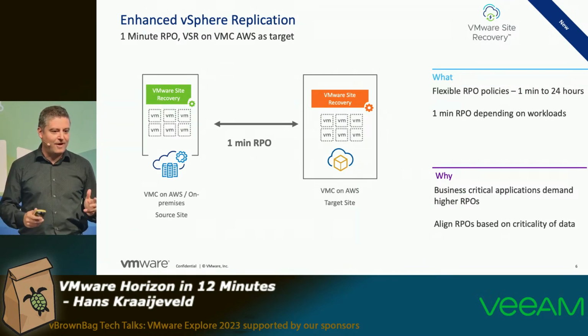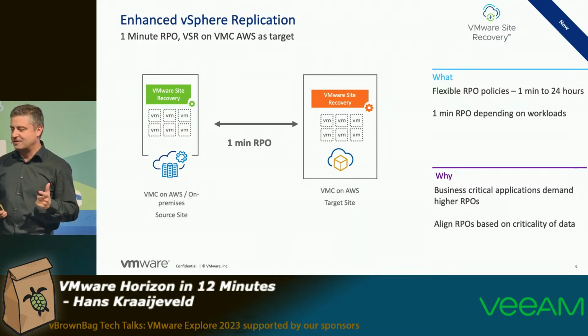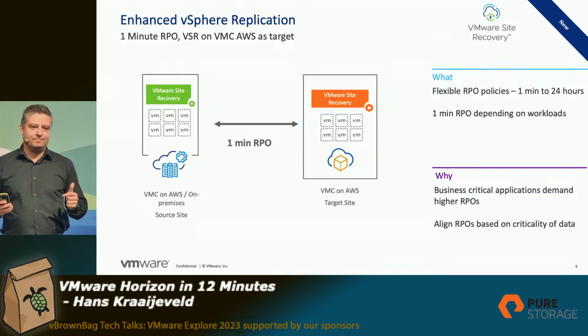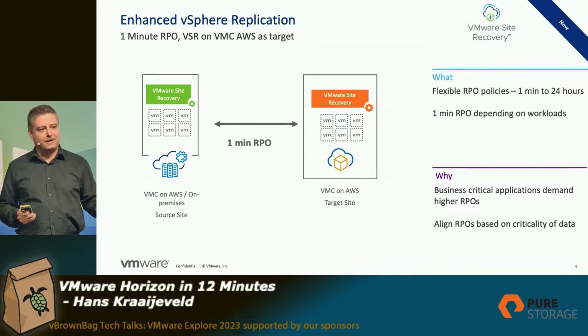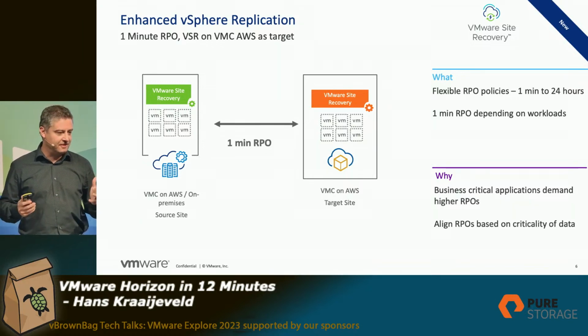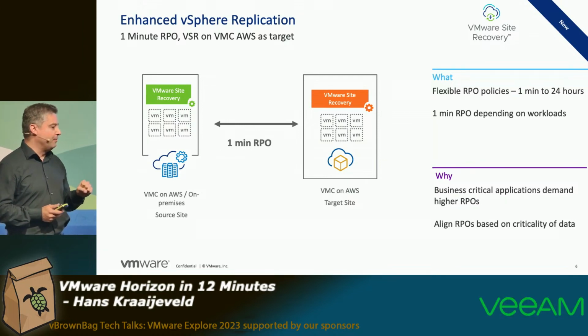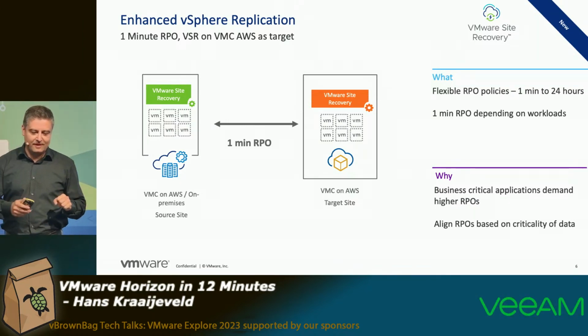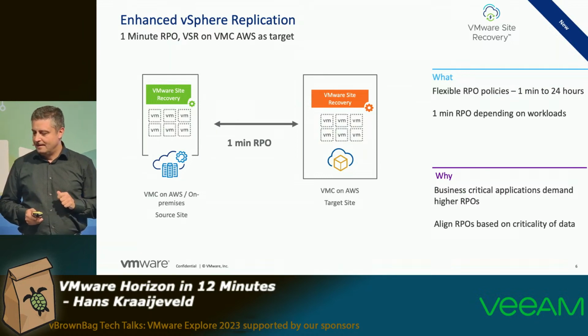Below 5 minutes was not possible because of some limitations in how we consolidate the redo logs at the target site. So we had to re-architect almost everything to achieve 1 minute RPO. I will be talking about this new architecture in a while.